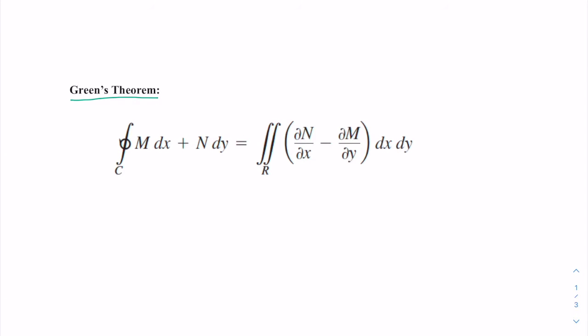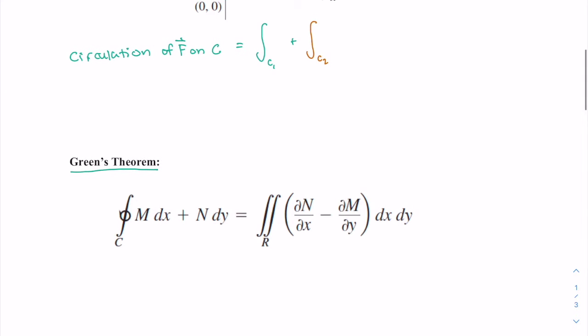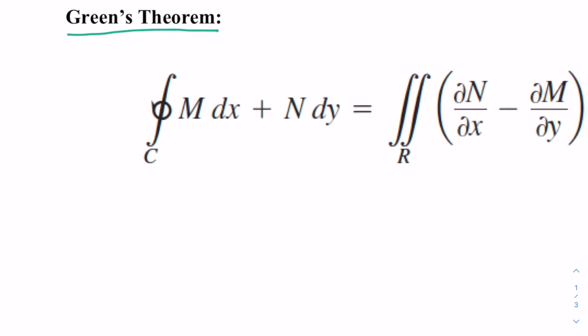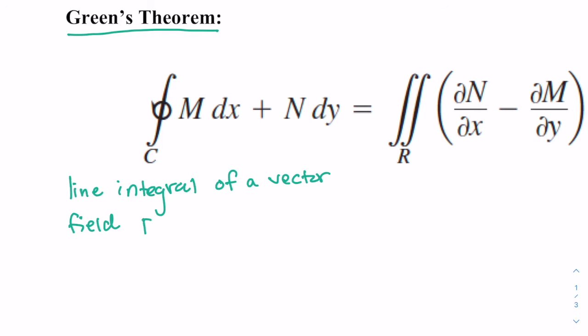What it's saying is the line integral of a vector field over a curve C. That's what this left-hand side is, a line integral of a vector field in the form big F equal to M in the i direction plus N in the j direction.